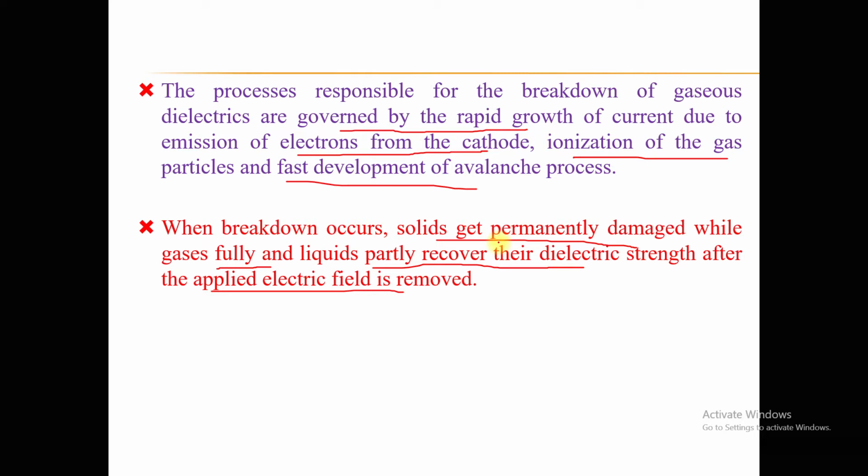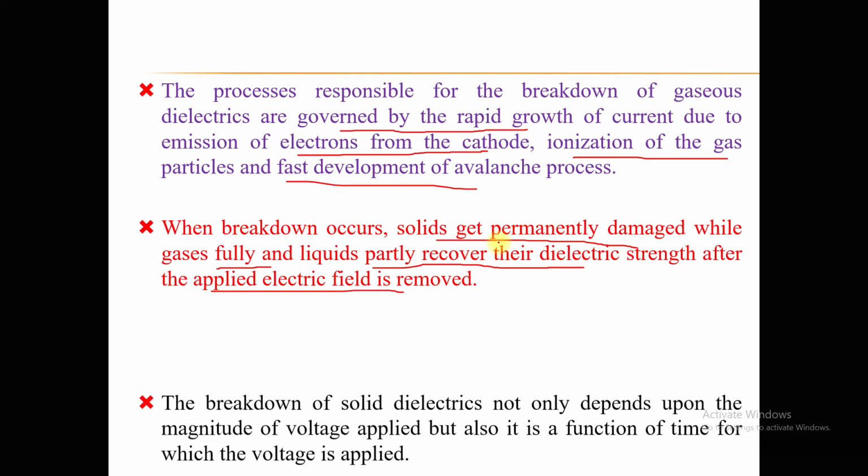As a result, the arc disappears and the gas has the tendency to recover its dielectric properties back to the normal state. Whereas in case of the liquid, there is always carbonization. As a result, the liquid dielectric partly recovers its dielectric property. Whereas in case of solid dielectrics, if the puncture happens, then it is permanently destroyed.